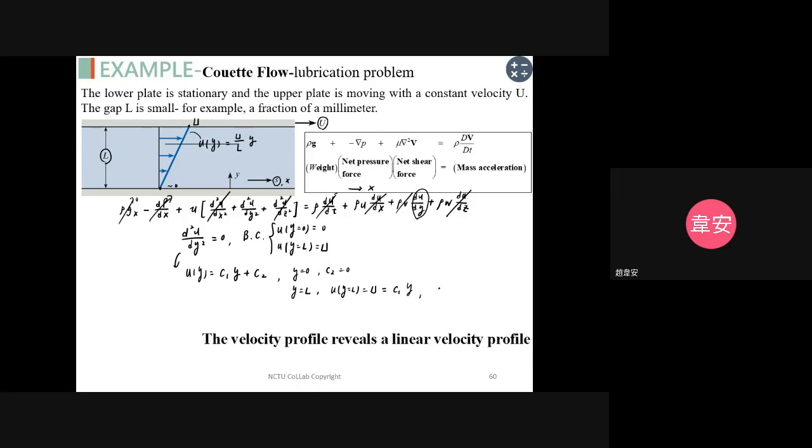So finally, C1 is equal to U divided by L. Therefore, u as a function of y is equal to U divided by L multiplied by y.